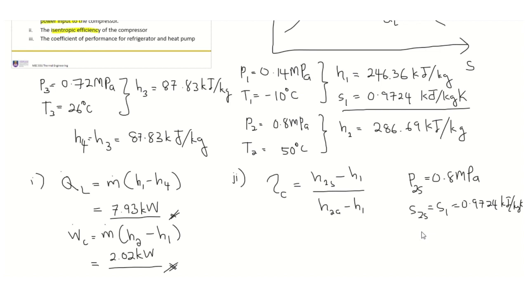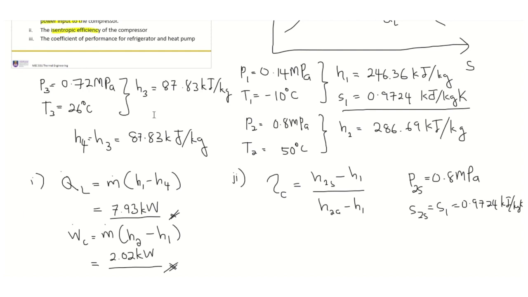In order for us to find H2S, we need to refer to the superheated table at 0.8 megapascal.